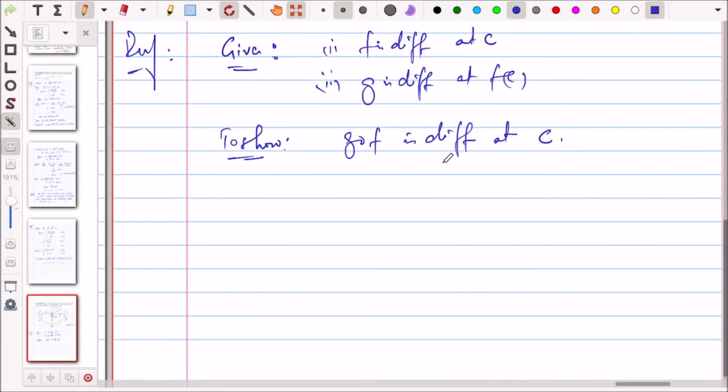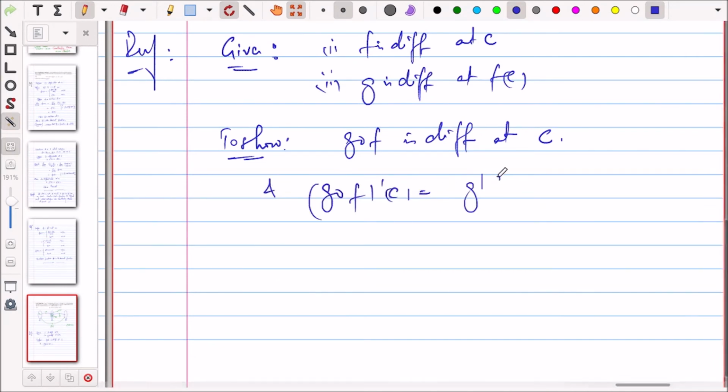So this is what we have to show, and (g∘f)'(c) is equal to g'(f(c)) into f'(c), right? Is it right? So how should we start? First we will use f's differentiability.